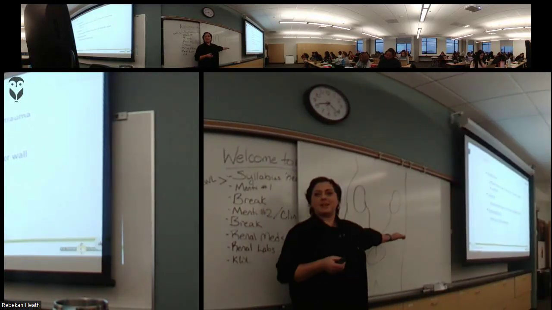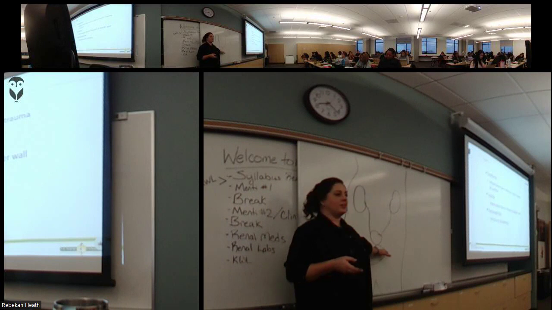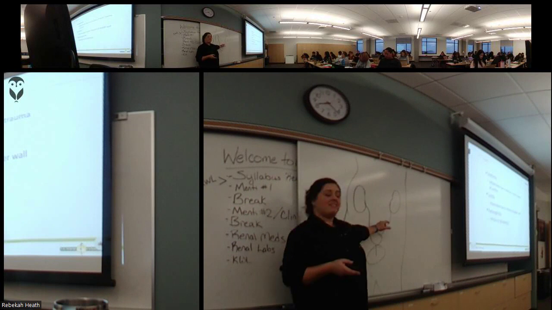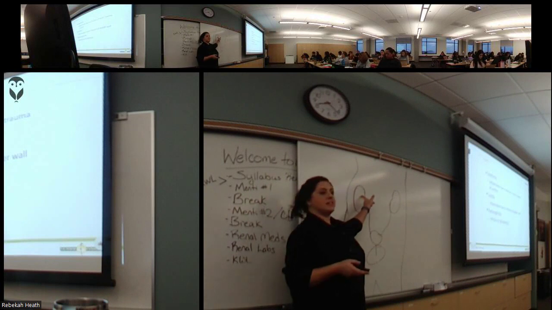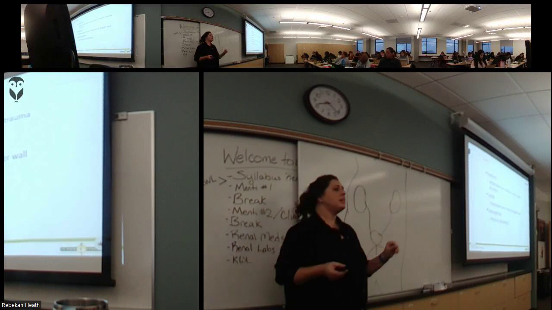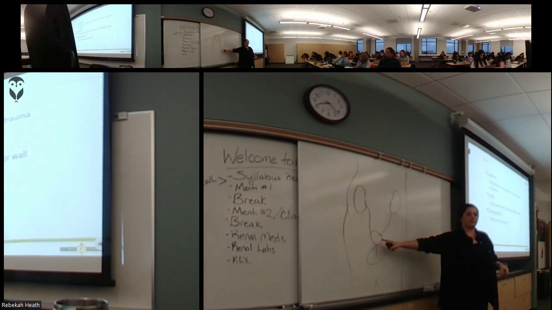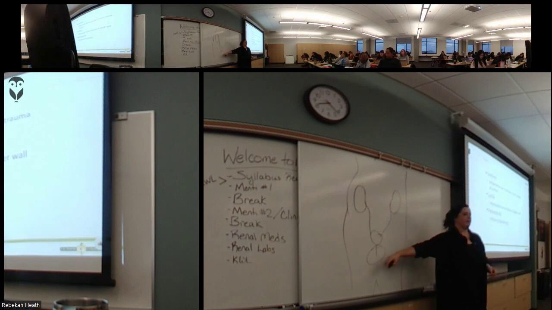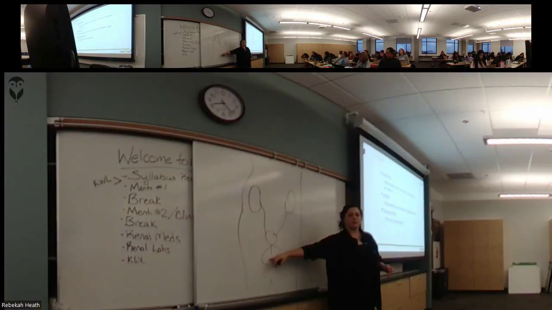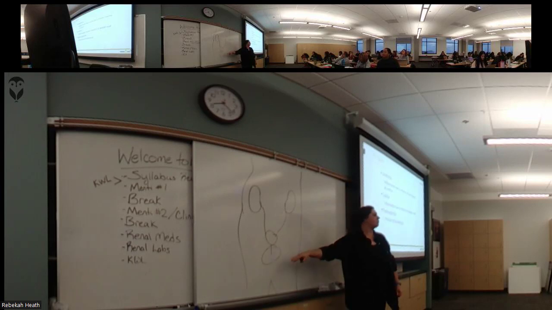Oftentimes it follows that same path: it starts in the urethra, moves up into the bladder, isn't treated, and eventually follows the ureters up into the kidney. You can have a kidney infection or a bladder infection without a urethral infection, but typically it follows from down to up.